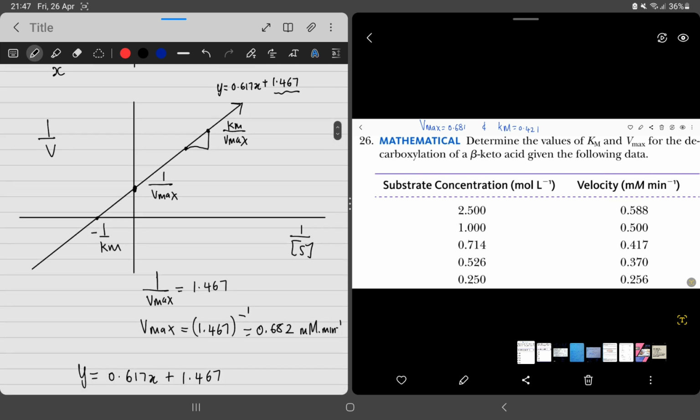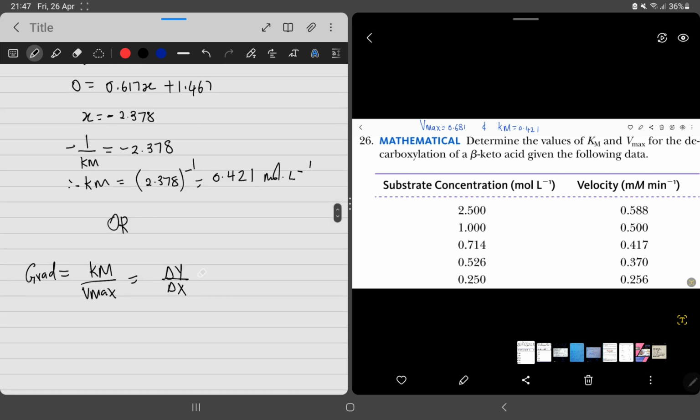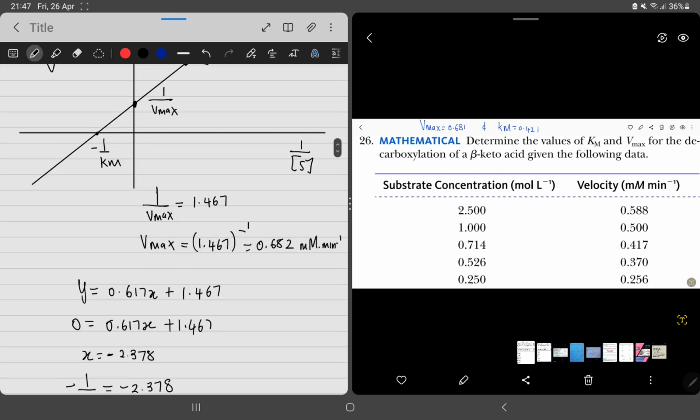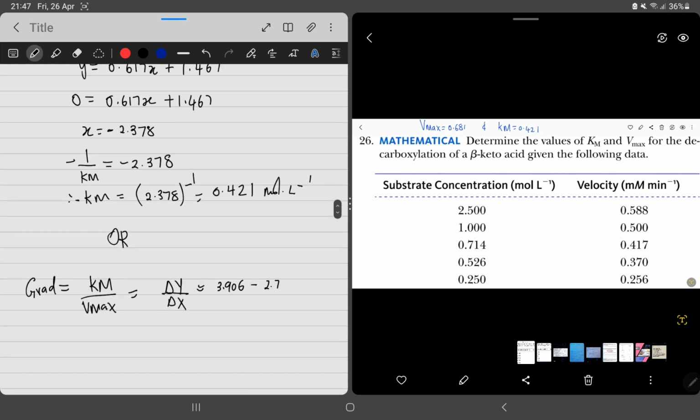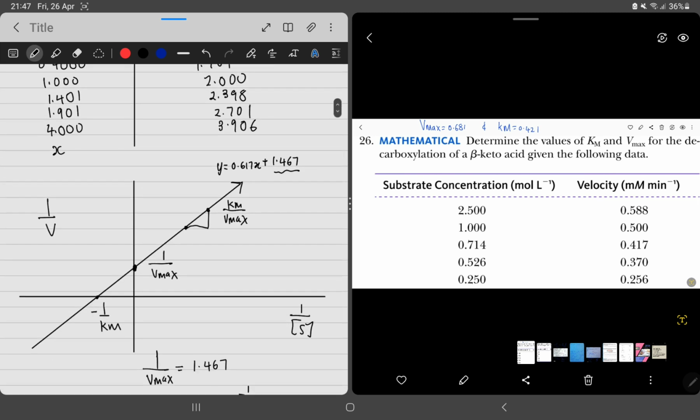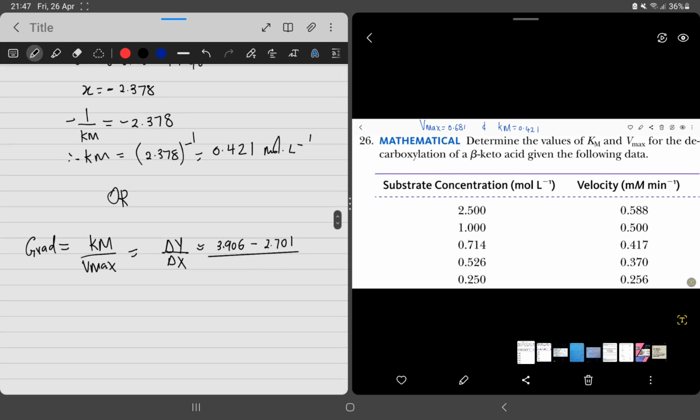So I'm going to choose 3.906 minus 2.701 all over the corresponding x values, which are 4 and 1.901. Okay, so this is 3.906 minus 2.701 over 4 minus 1.901.